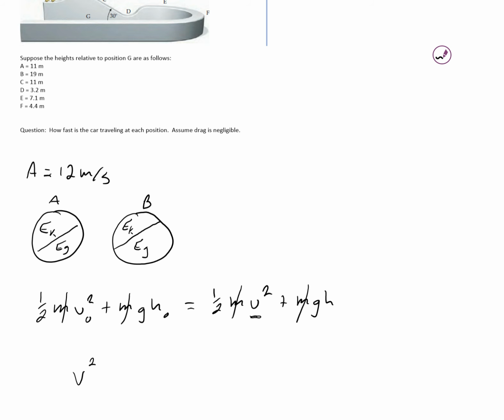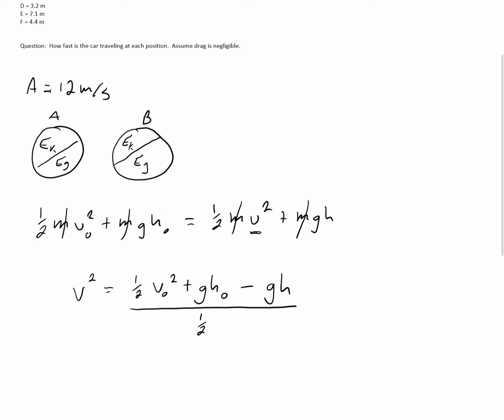Well, maybe solve for the final velocity squared first. Notice we'll be dividing by 1/2, or I could just multiply by 2. And then I can take the square root, and that'll give me my velocity value. I'm going to write it as 2 times everything in the numerator.